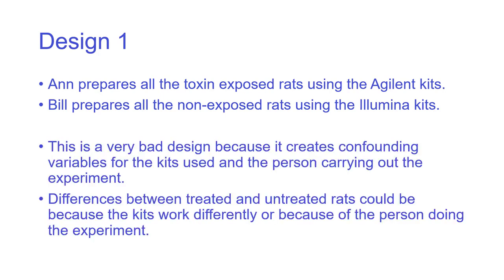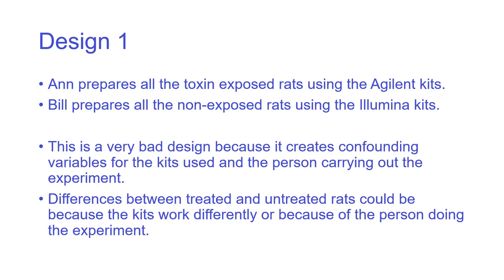This is pretty much the worst design you could possibly do, because it doesn't just try to reduce confounding variables, it actually adds confounding variables. So you can't tell if there's a difference in the response of the rats to the toxin against the control group, whether it's because of who prepared that particular sample.